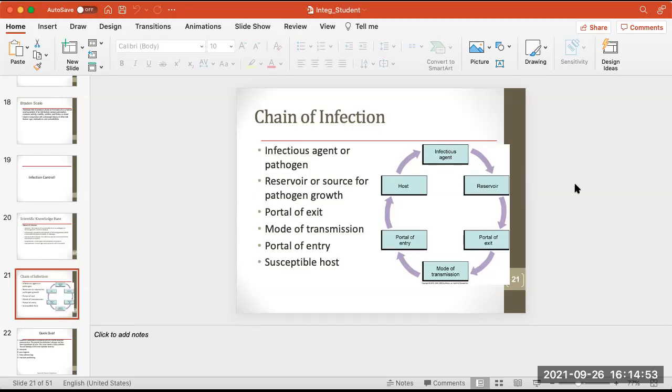How can it exit? It can exit by many different routes, from the patient, from the equipment, and it can go from one piece of equipment to another. Like I said in the previous lecture, we healthcare providers are the biggest vectors, meaning taking the pathogens from one patient to another.